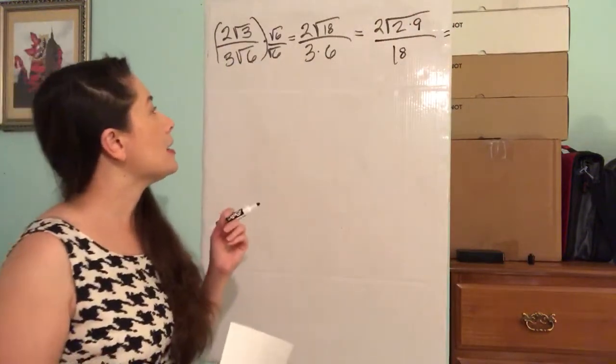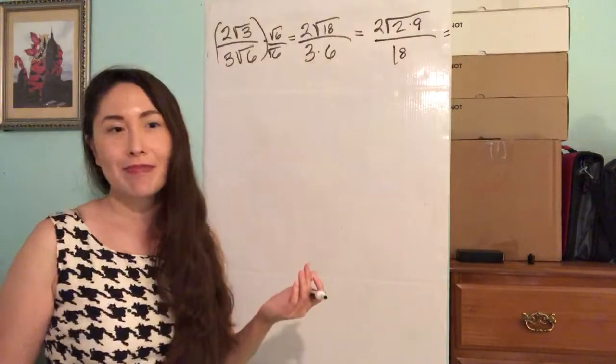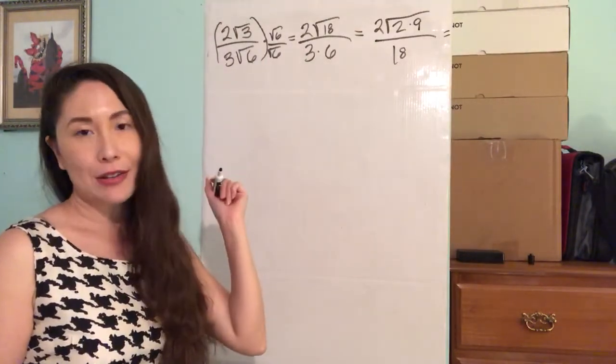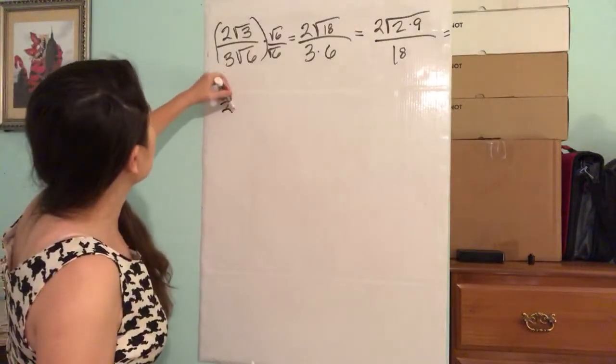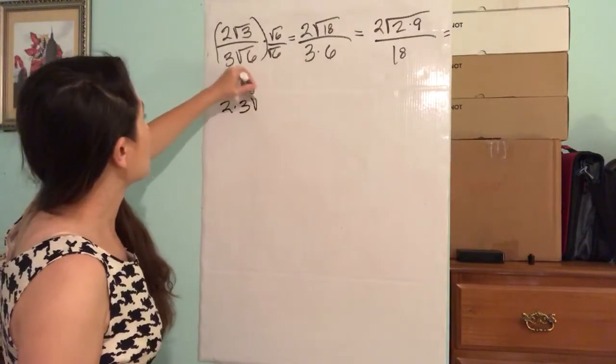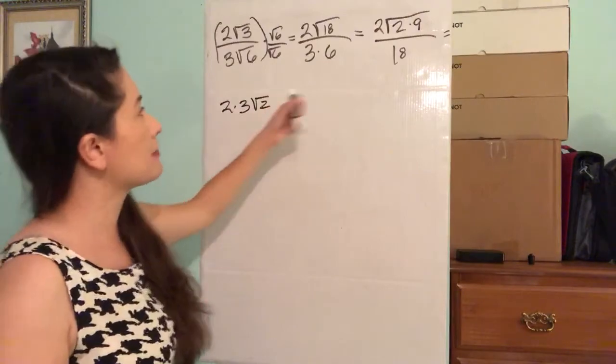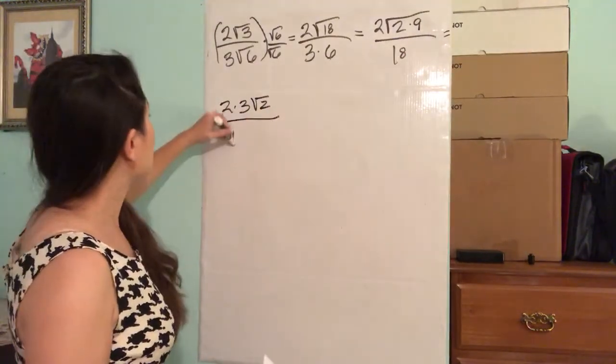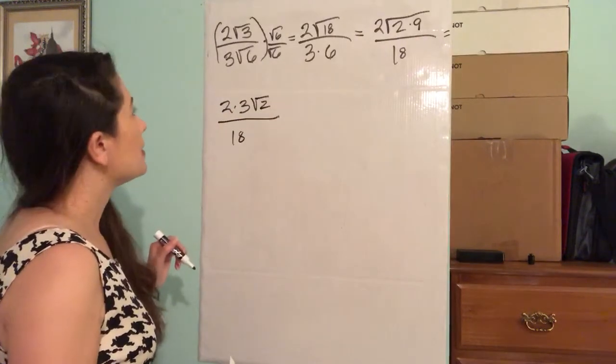So 2 times 9. What's the square root of 9? 3, right? So we can take that out of the radical. So we get 2 times 3 times the square root of 2. This 3 came from the square root of 9, over 18. Okay.